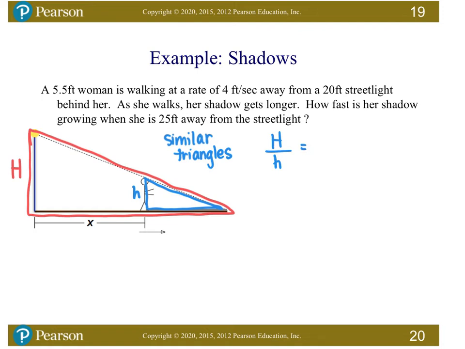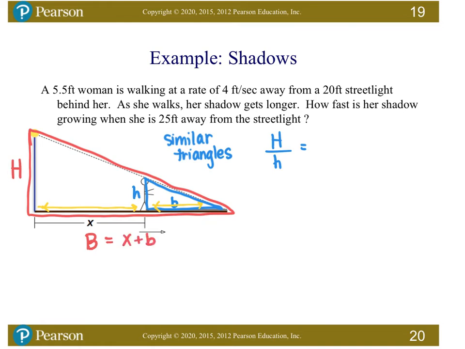Now we have the bases. So we have the base of the little triangle, and then we have the base of the big triangle. And the base of the big triangle we might call B, but it's really this value of x put together with the value of b. So it's better to call that x plus b.